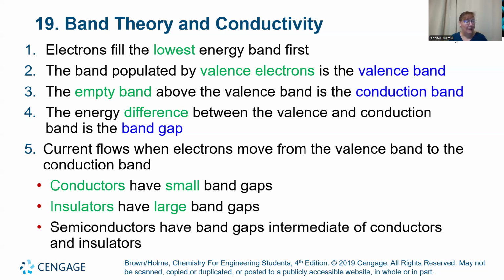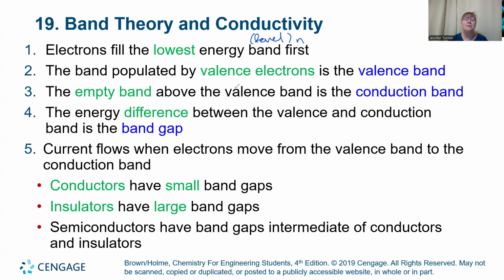Now let's talk about band theory and conductivity specifically. In band theory, we have the idea that electrons fill the lowest energy band first. Remember, this lowest energy band we could also call the lowest energy level. Remember those n values, that's just a review from chapter 6, I think it was. The band populated by valence electrons is the valence band.